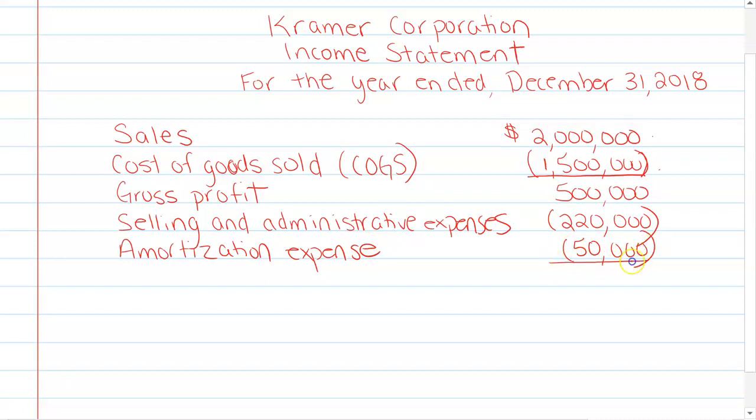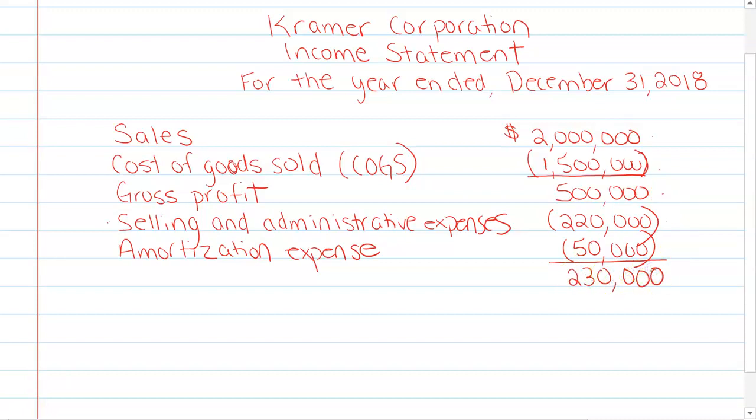And then once we list all of our expenses and our amortization expense, we can subtract that from the gross profit. So 500 minus 220 minus 50,000. This gives us 230,000.